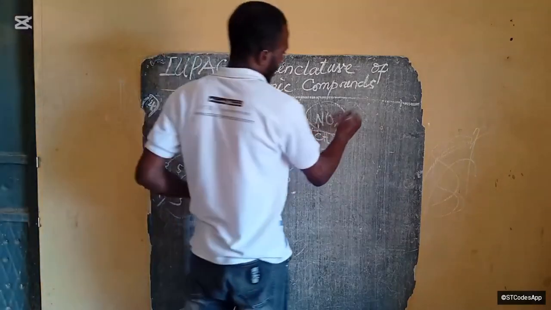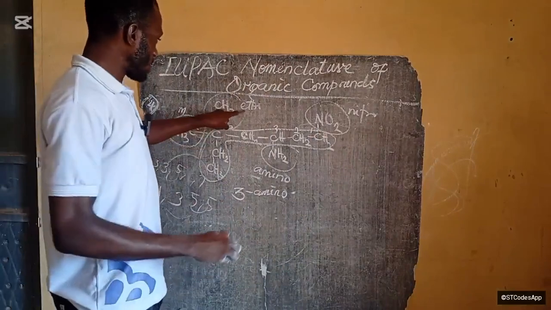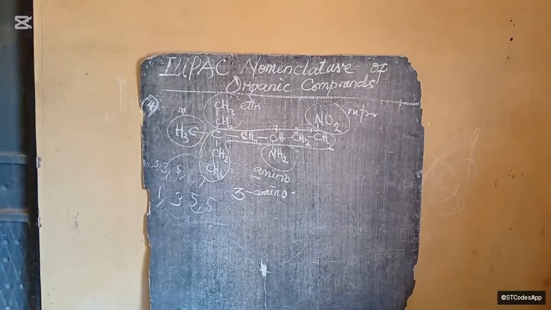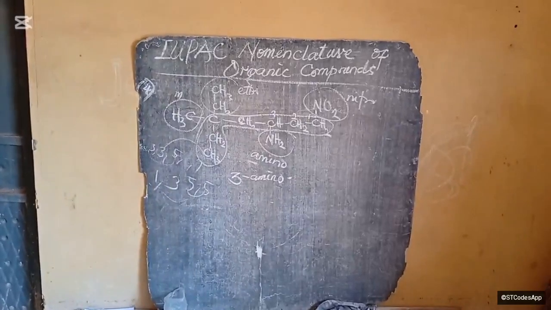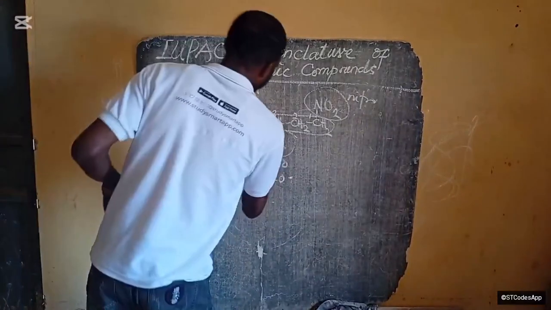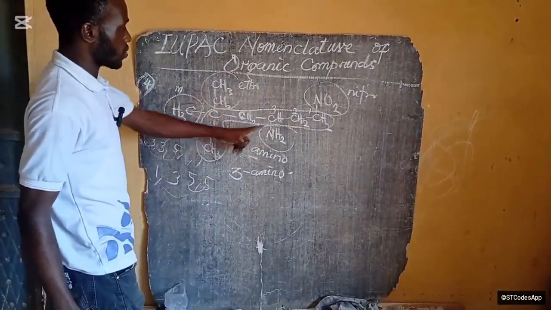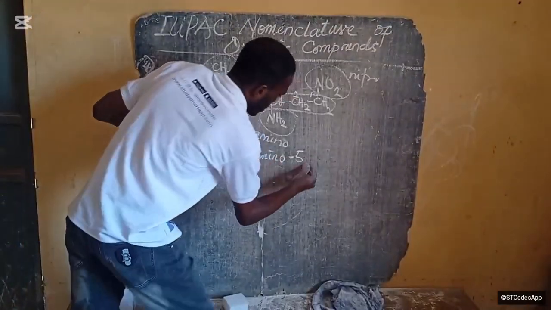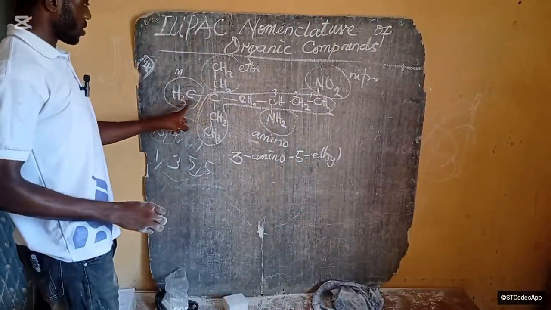This group is called the nitro. Following this, the next one will be E, the ethyl group, which is on carbon 5. So that will be 5-ethyl.